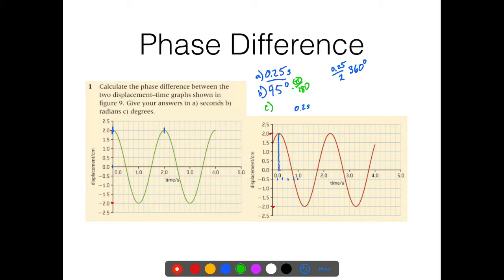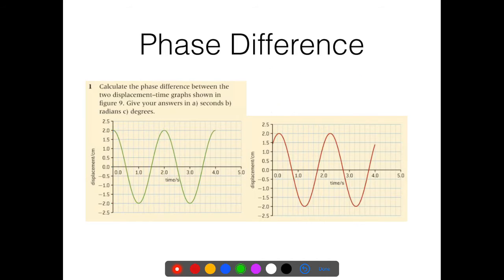I like to just leave the pi the way it is, so 45 over 180 is 0.25 or 1/4. The way that's usually written is pi over 4. So that means that the graph here on the right has advanced or has a positive phase difference of 0.25 seconds or 45 degrees or pi over 4. All right, so that's the basic idea for how a phase difference question would work.